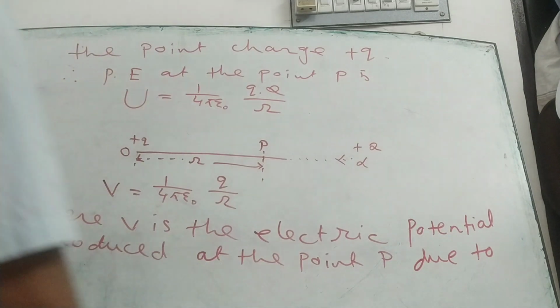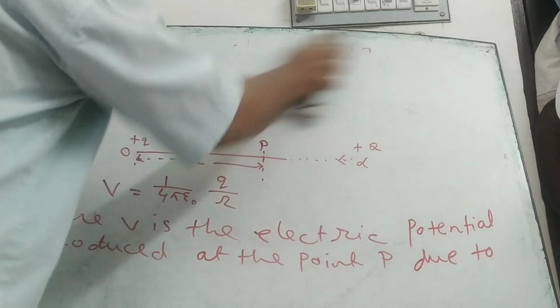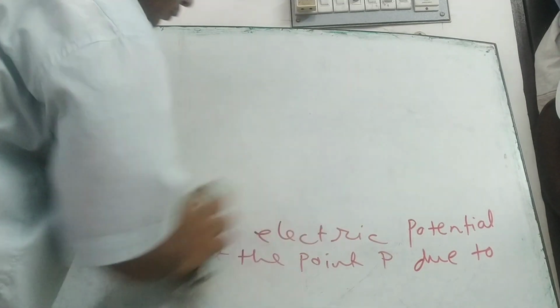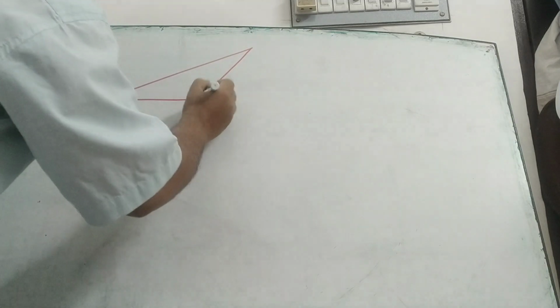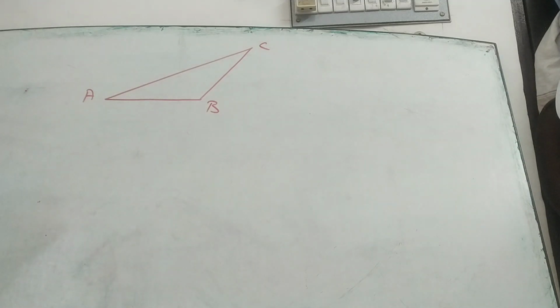Now we have to find out the potential energy stored in a charge system. Let us consider ABC is a triangle.